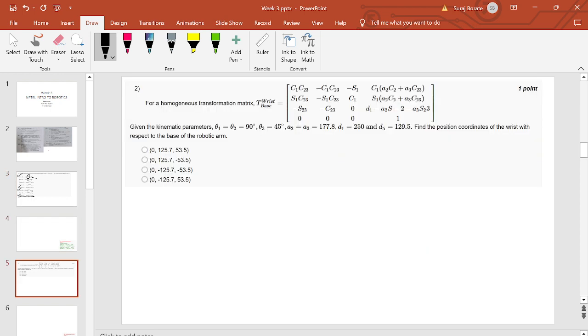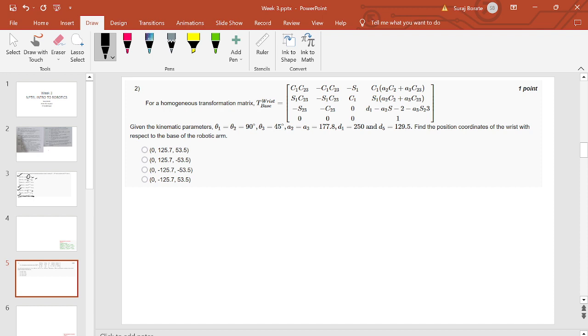Got it. Okay, so I think you should just remember the method. That is more important. The numbers and figures will change in your assignments. Here they have given us a homogeneous transformation matrix between the base and wrist, along with the values of theta 1, theta 2, theta 3, A2, A3, D1, D5.